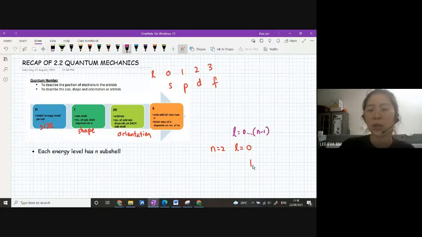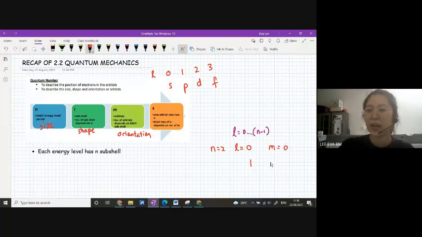So this is what I say, the possible values. Yang lain yang tak ada dalam list adalah impossible ataupun tidak dibenarkan. It's not allowed. Whatever is in the list, yes, it is allowed. When we want to see the value of m, m depends on l. Kalau l awak sama dengan 0, m automatik sama dengan 0.